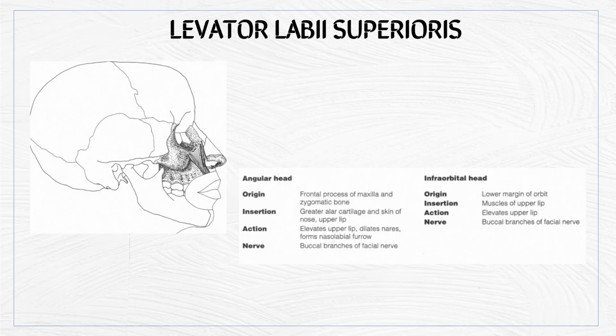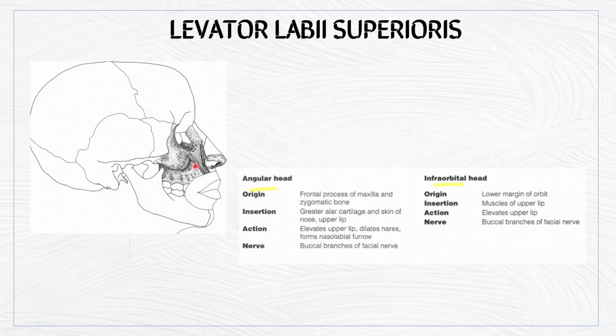The next one is levator labii superioris. It has two heads, one is angular head and another one is infraorbital head. Angular head has its origin from the frontal process of maxilla, here, the frontal process of maxilla and the zygomatic bone, and the infraorbital head from the lower orbital margin.